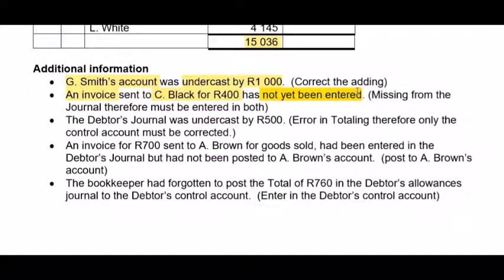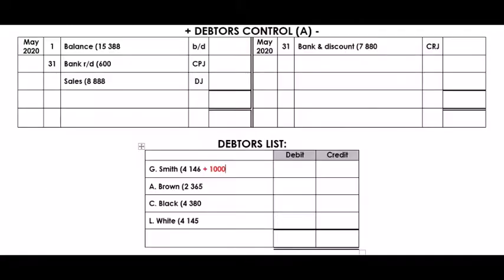The reason why it will affect the control account is because this sales value that comes from the DJ doesn't have that 400 Rand in it. So we have to go and add that 400 Rand of this missing invoice to the sales value. And C. Black's balance that's in our current debtors list also needs to be increased by 400 Rand.